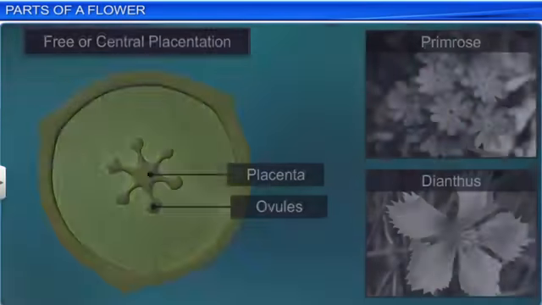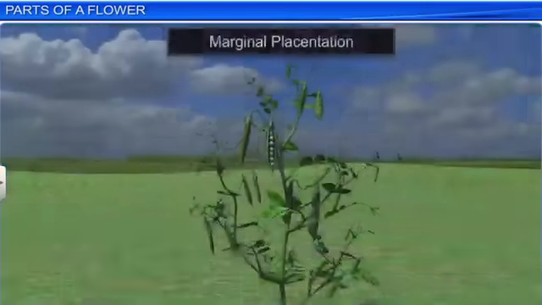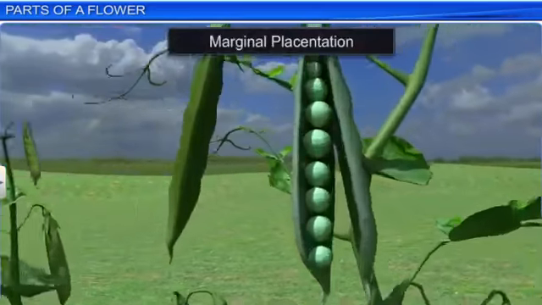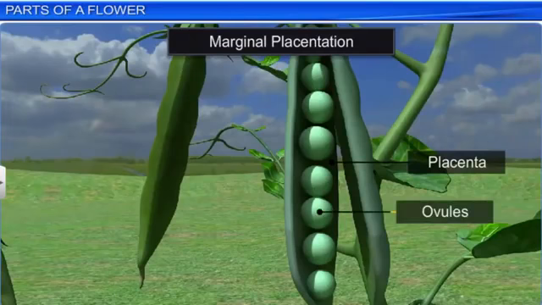In free or central placentation, septa are absent and the ovules develop on the central axis, as seen in primrose and dianthus. Finally, in marginal placentation, along the ventral suture of the ovary, the placenta forms a ridge.